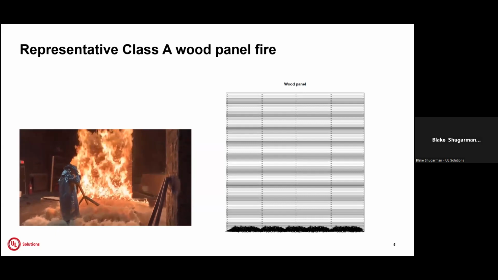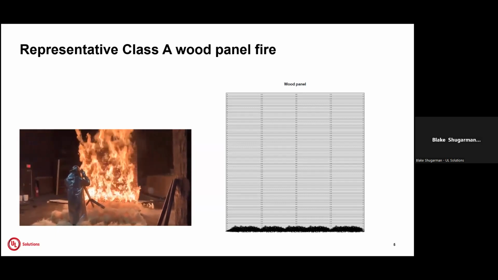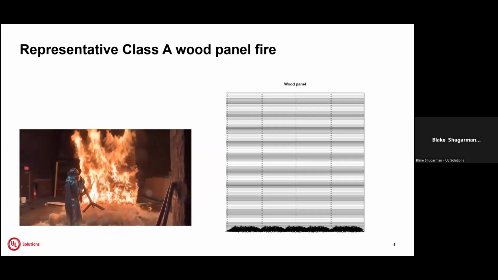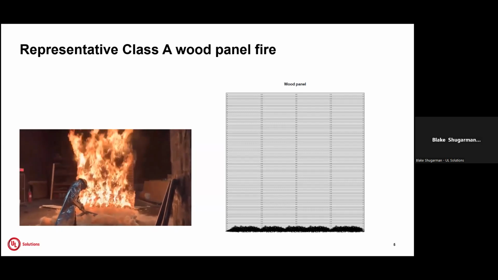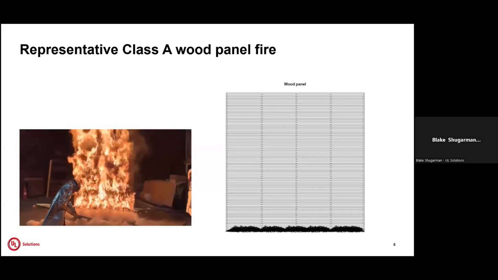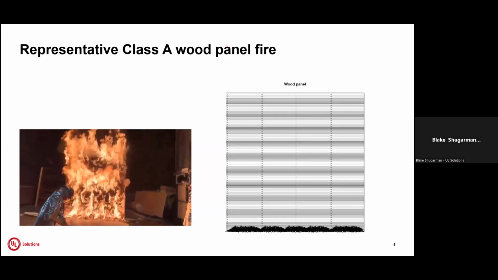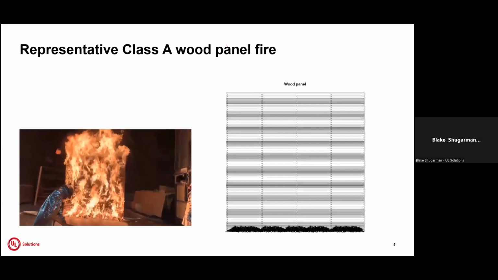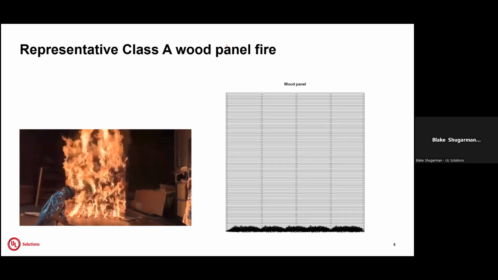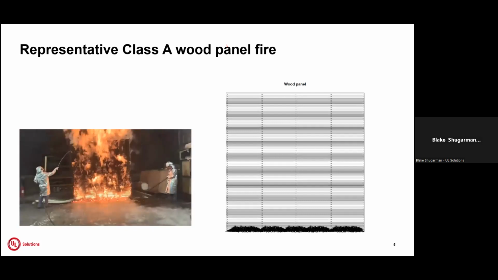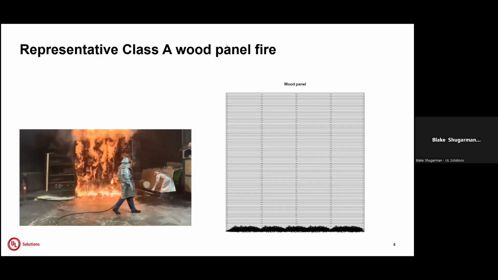We will watch the video for about 20 to 25 seconds to watch the fire growth. And now we will skip ahead in one moment toward the end of the test, where the fire is still well established.